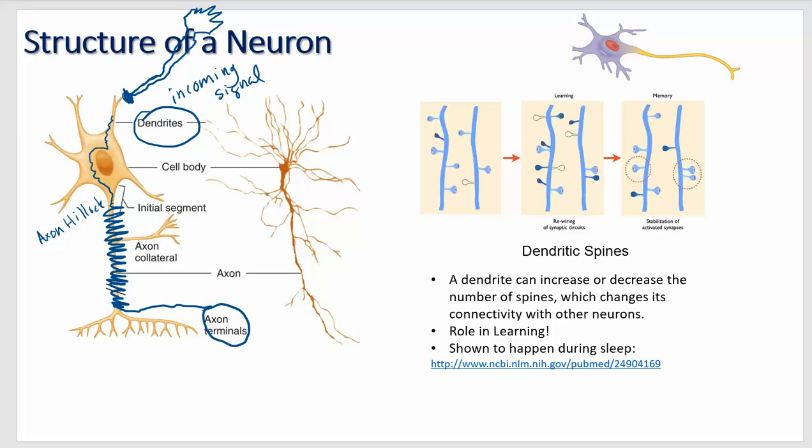And then that will send a signal to the next neuron, maybe its dendrites.